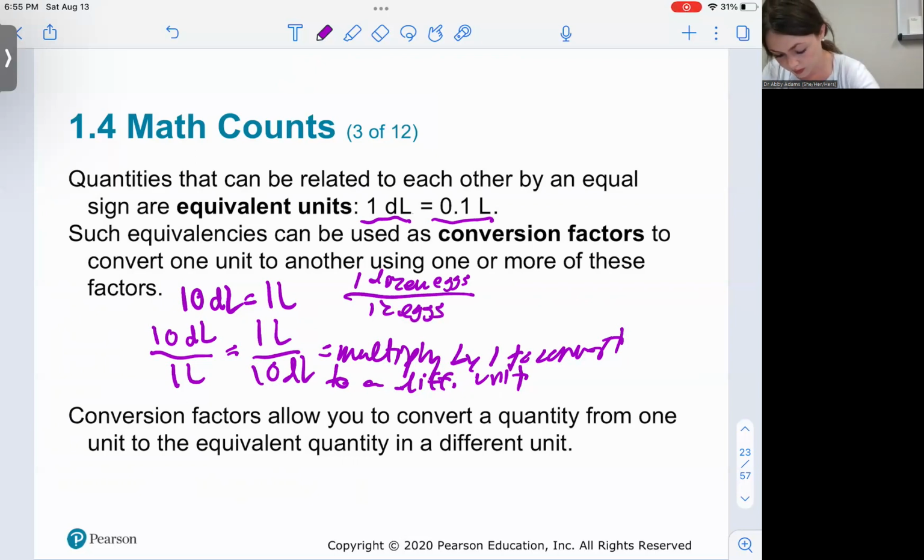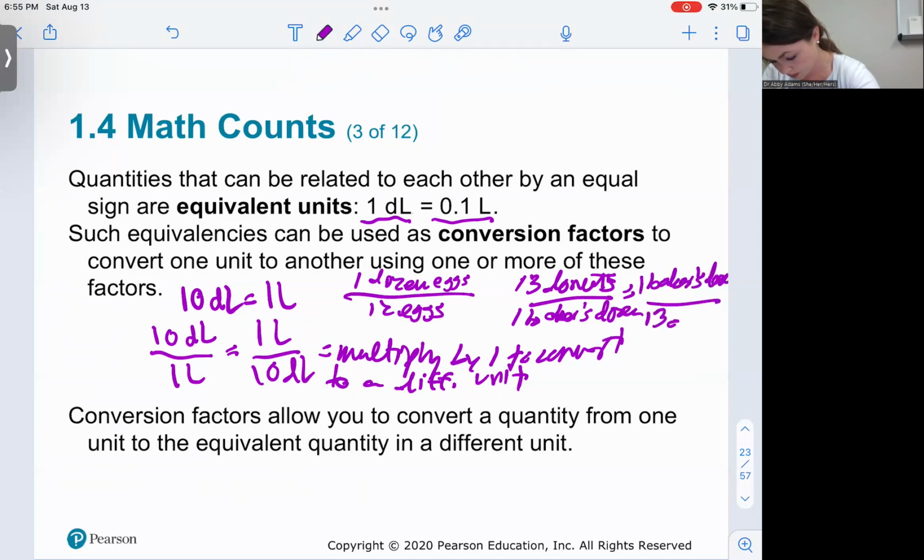Or let's say 13 donuts: 1 baker's dozen equals 13 donuts, so 1 baker's dozen over 13 donuts.